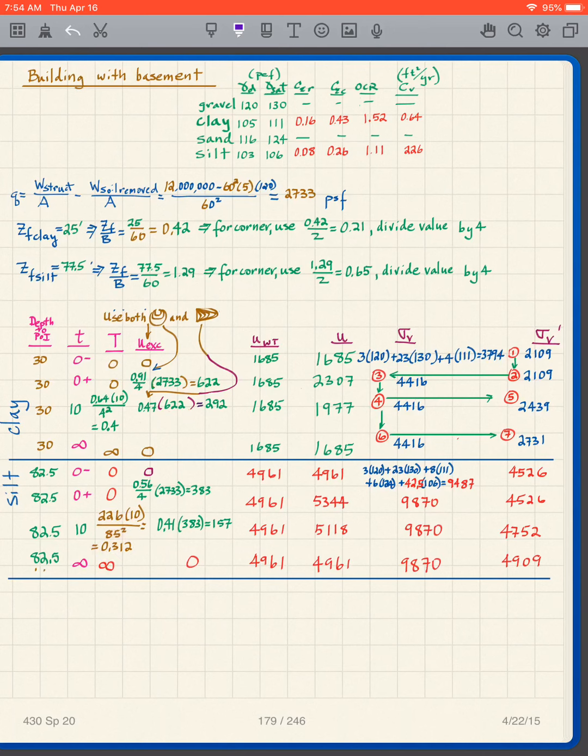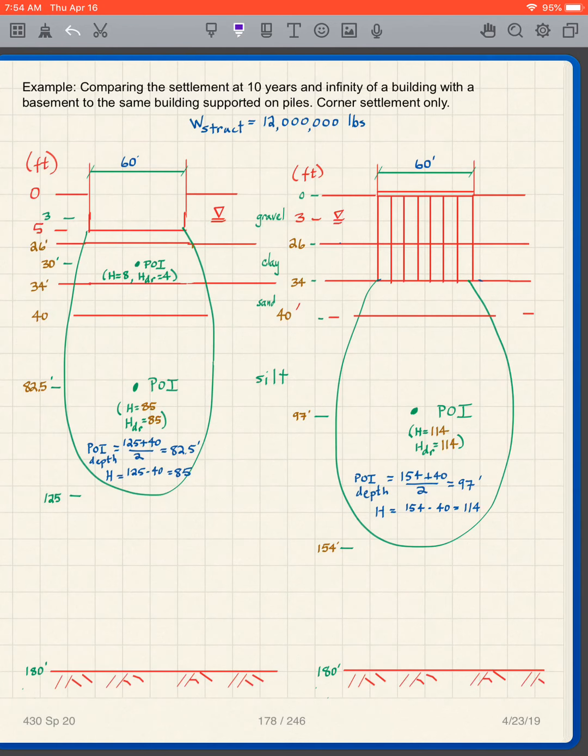Okay, then my U, X, S. Our Q is what? Weight of the structure minus weight of the soil removed. To get our Q, we've done that many times, so I'm not going to go through it. Our ZF in the clay is 25 feet. So how do we get that?